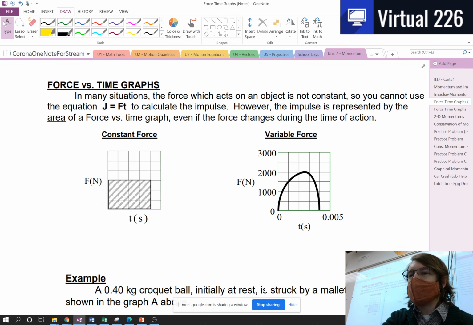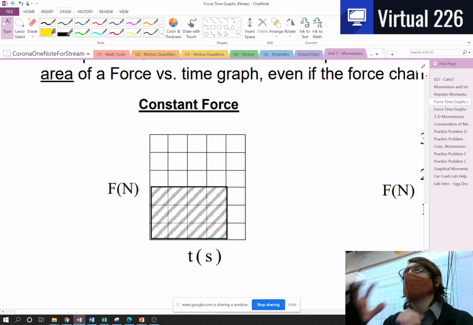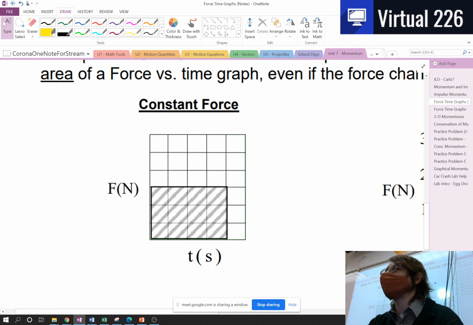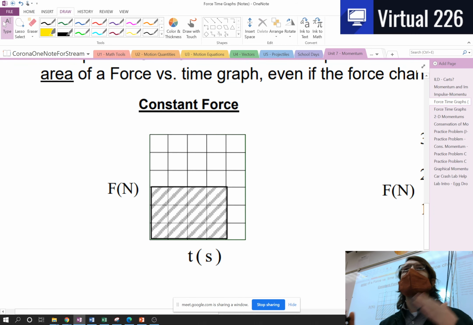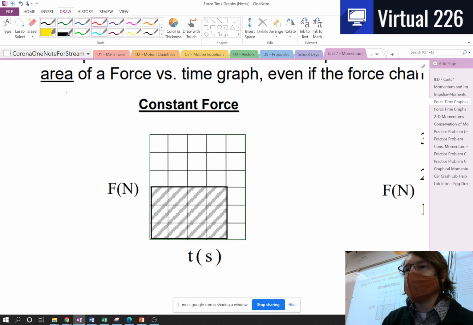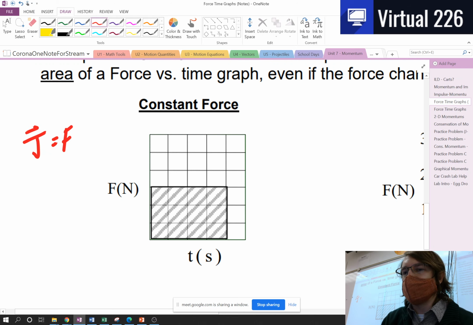What we did yesterday was, with a constant force or an average force, we just multiplied force and time. When we think about that impulse equation, we just say J, impulse, is F multiplied by t.